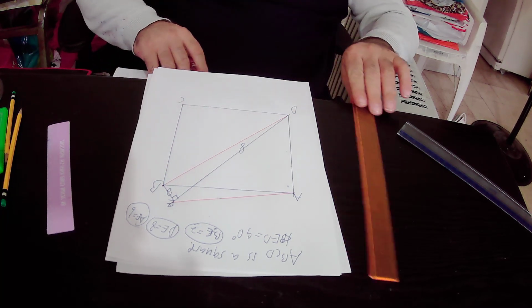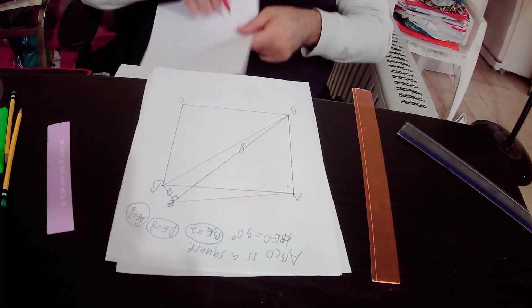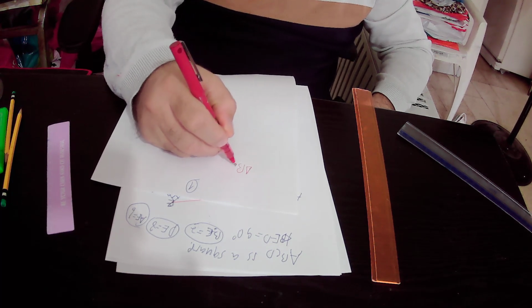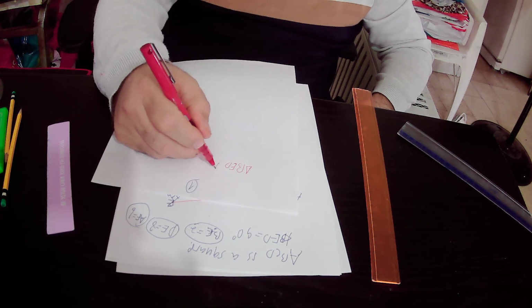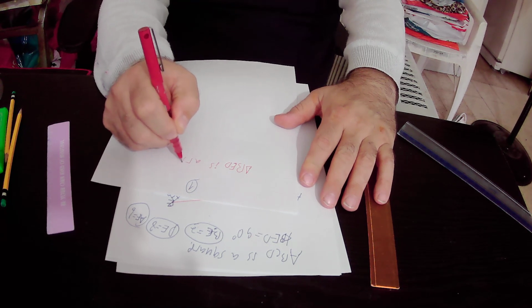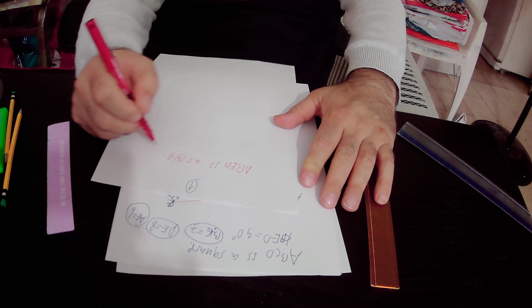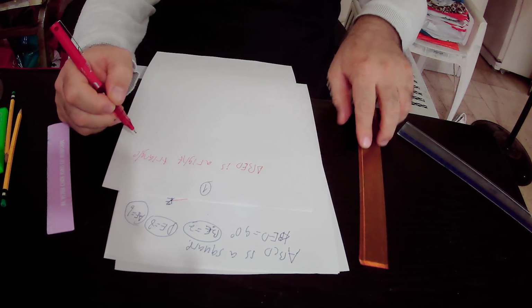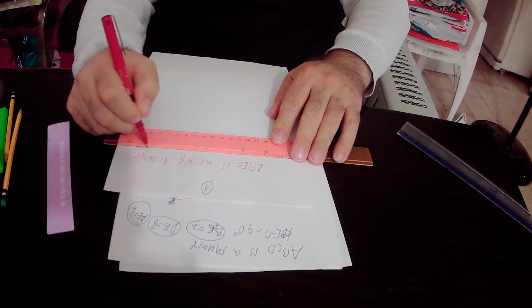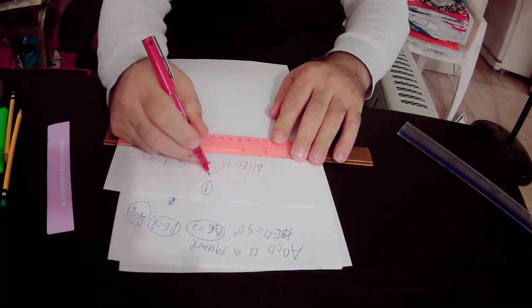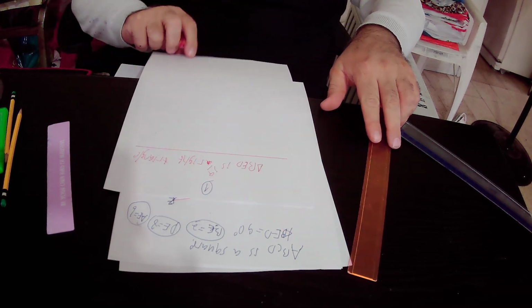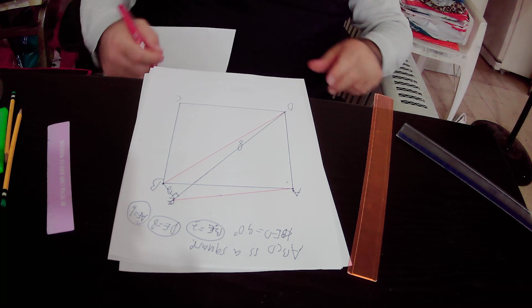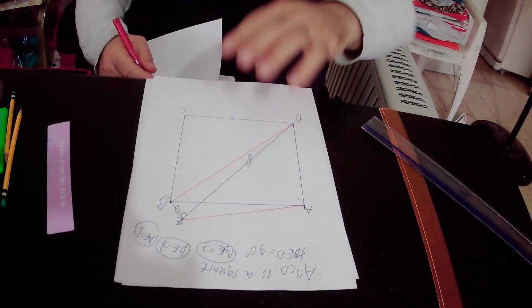So I will write it down: triangle BED is a right triangle, so we can implement the Pythagorean theorem in the right triangle BED.